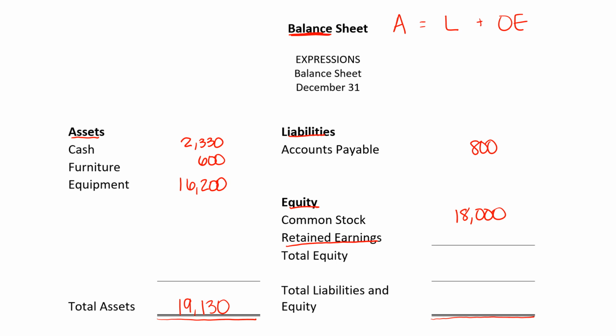Retained earnings, we had to calculate not in the trial balance, but in the statement of retained earnings. Right before this, we calculated that ending retained earnings to be $330. So that gives total equity of $18,330. When we add together total liabilities and total equity, that gives us total liabilities and equity of $19,130. So we see that our balance sheet is in balance.